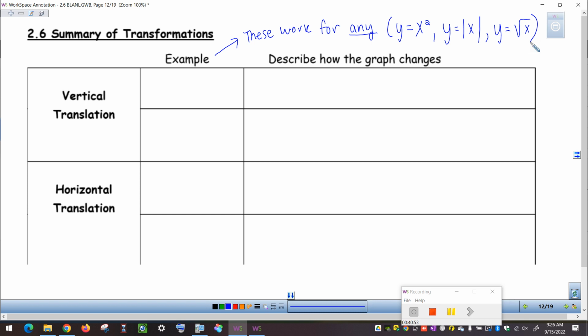So to save time and space, I might not write an example of every single type of parent function. We might just pick one of them, but know that if I pick the parabola shape, the x squared, it's not that it only works for x squared, it's going to work for all of them.